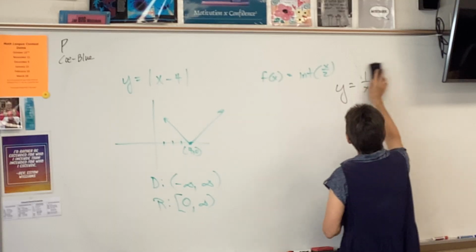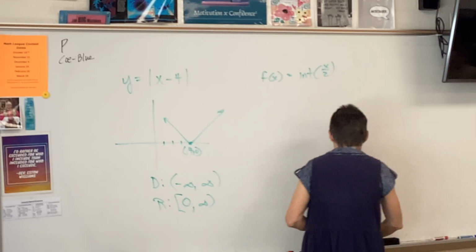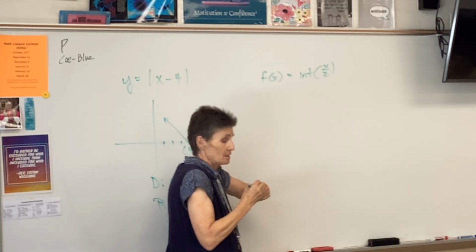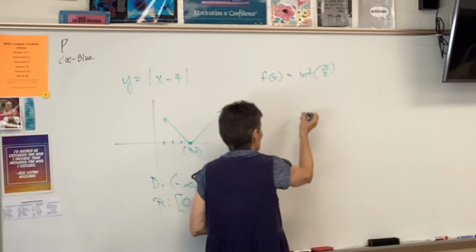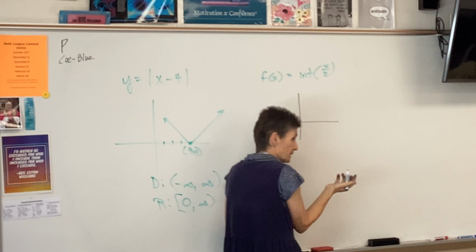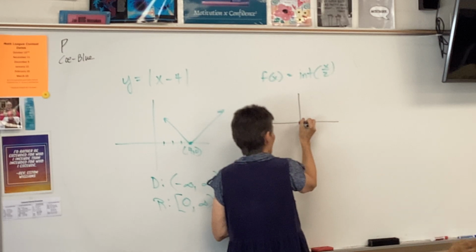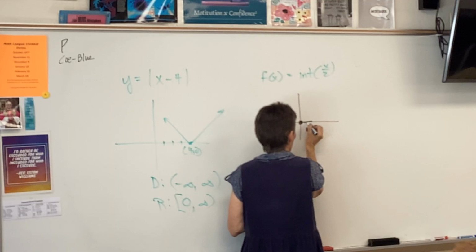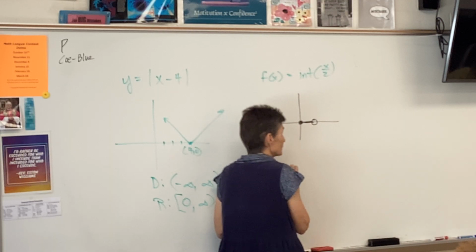This next one involves a transformation that we haven't talked about yet. So let's review what the greatest integer normally looks like. Solid dot at the origin, over 1, and then put an open dot.